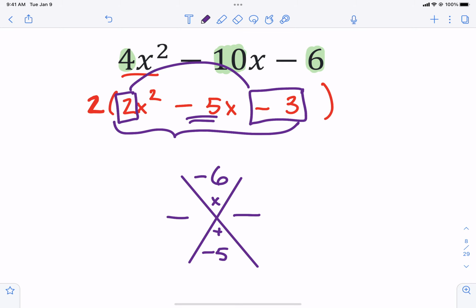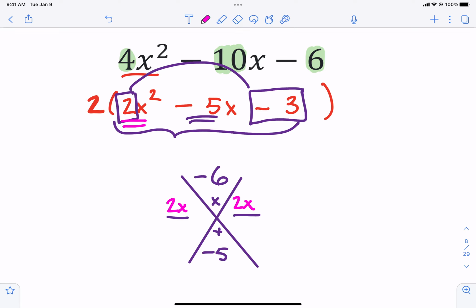On the side, I'm going to make my fractions. I'm going to have 2x on top because this is the part I'm trying to factor. We've already pulled that 2 out, so we changed the original.